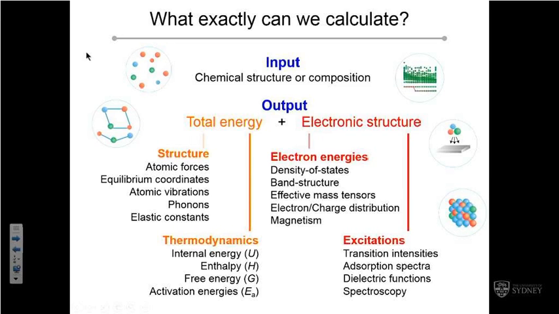And yes, you can do spin polarized calculations and obtain the magnetism of your system. We also get out the total energy. Okay, so this allows us to get the atomic structure, as I said before, by calculating the forces on your atoms. You can minimize those forces by shifting the atoms, and you will then end up at the ground state geometry of your material that it wants to be in. You can also calculate the atomic vibrations, as you know, phonons.